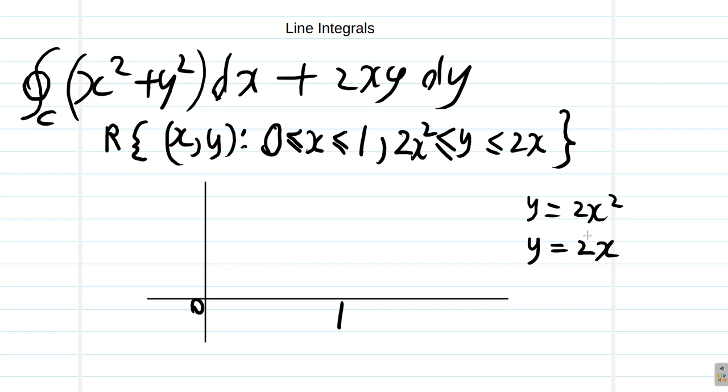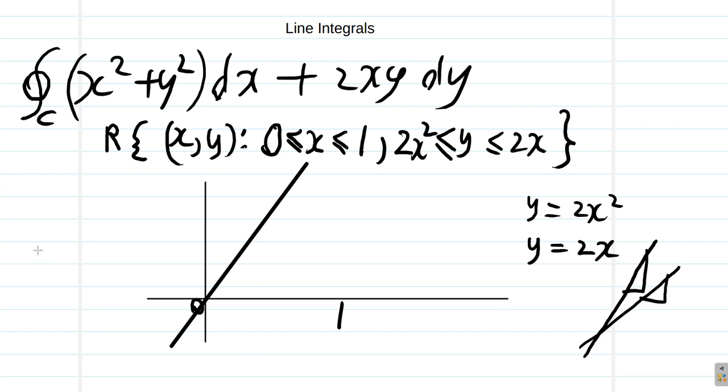Now, you're expected to know what these equations look like. You know that y equals x would be a straight line looking like this. Y equals 2x would be steeper because the gradient of this is 1, the gradient of this is 2. Alright? So you have the line y equals 2x.